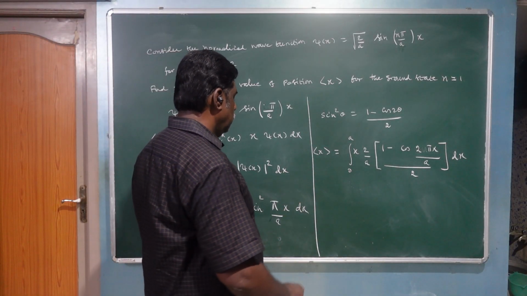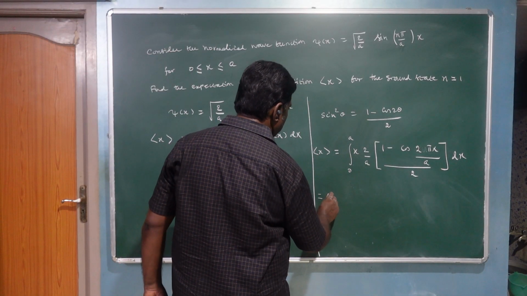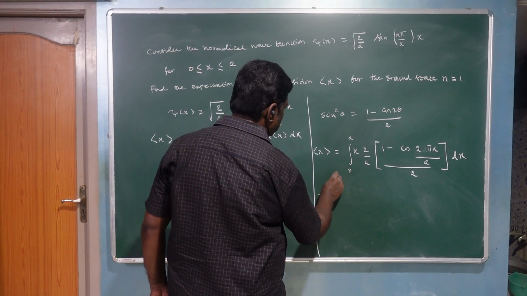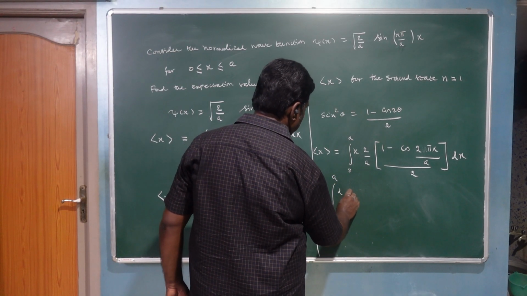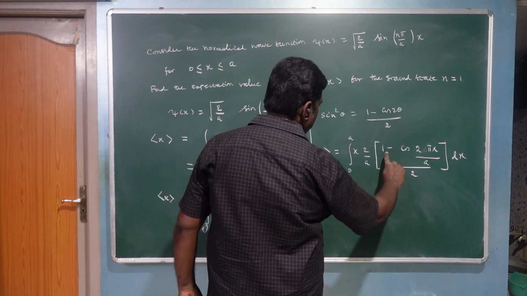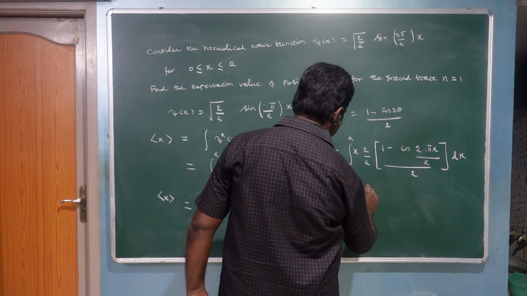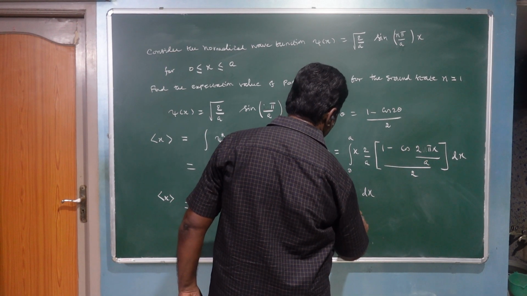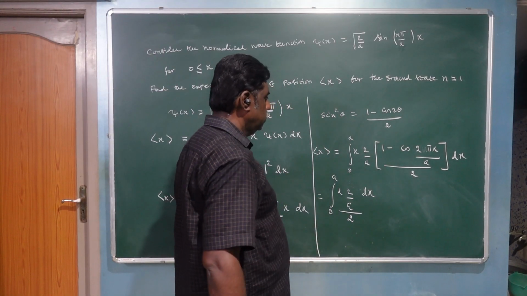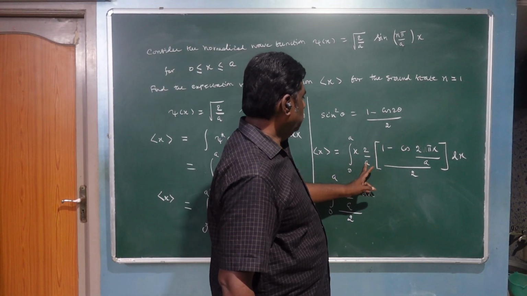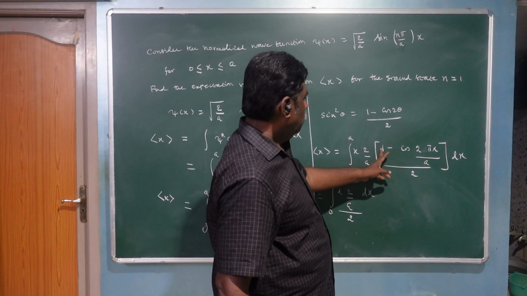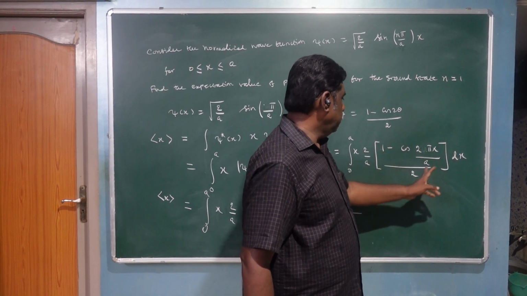Now we may separate this into two integrals. The integral from 0 to a of x into 2 by a, into dx, whole divided by 2. This is the first integral: x into 2 by a, 1 into dx by 2.